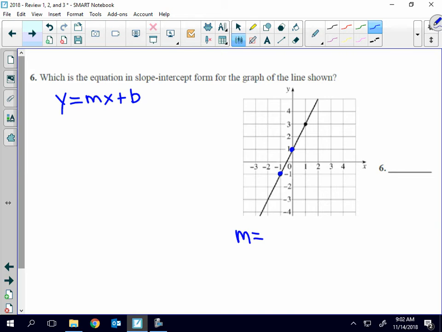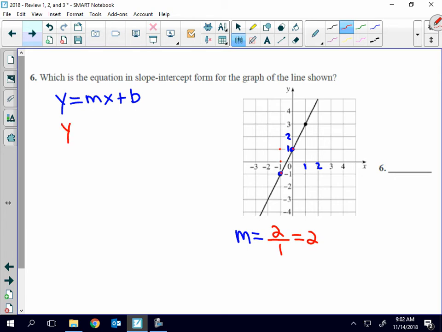It looks like this graph is going by ones, right? Each way it goes up by 1, it goes over by 1, so I can just count by ones as I go. If I start at this dot, I'm going up 1, 2, so my numerator is 2, and I run over 1, and I can just write that as a 2. I would not mark it wrong if we wrote 2 over 1.